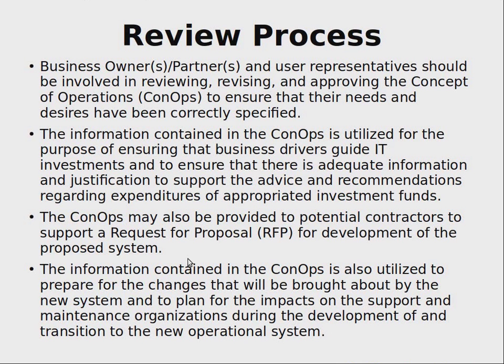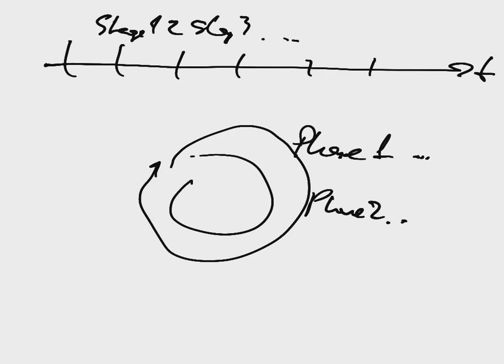And depending on how many iterations, cycles and loops you have in this approach, you may have different kinds of reviews. Even for these linear models, when you do not redo things, what you usually plan is several stages of development. So if you work with a linear approach, time is here, and here you have the final version of concepts of operation.